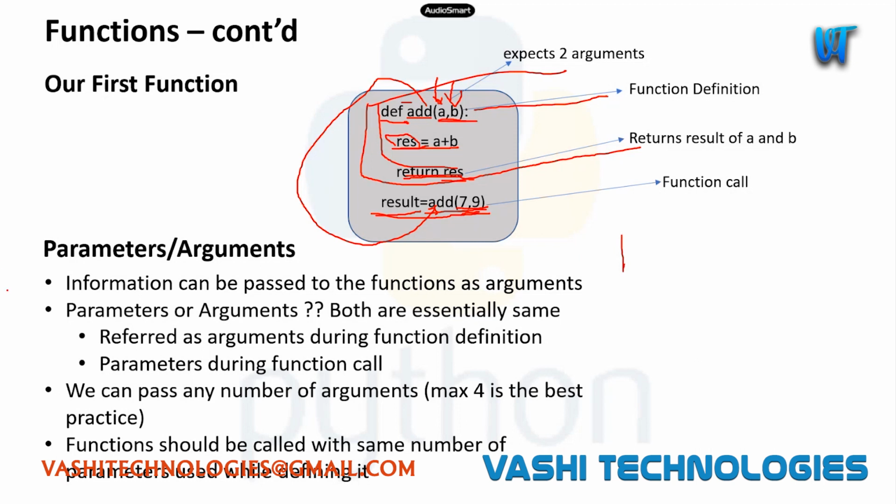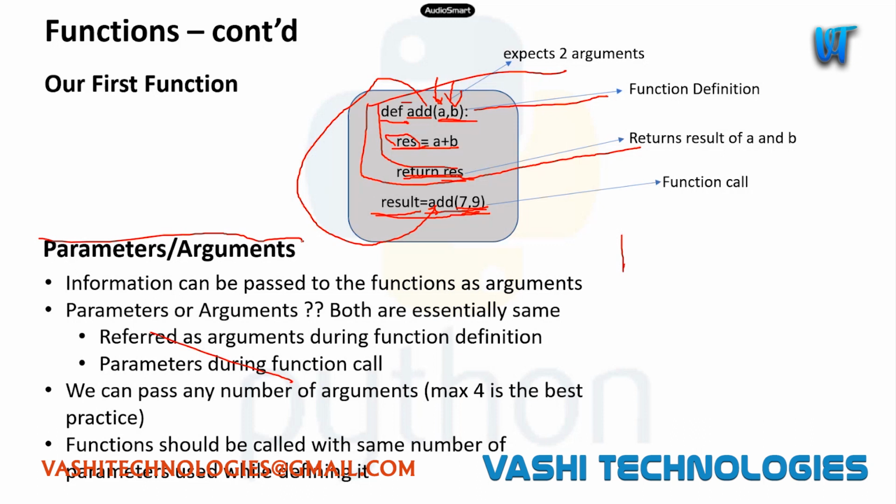So this is exactly what parameters or arguments are: the information which we are passing to the function. So which to use when? Basically, these are used interchangeably. Sometimes we'll term them parameters and sometimes arguments.